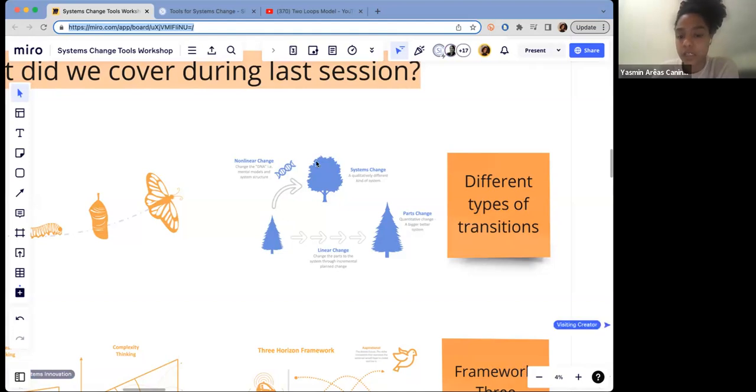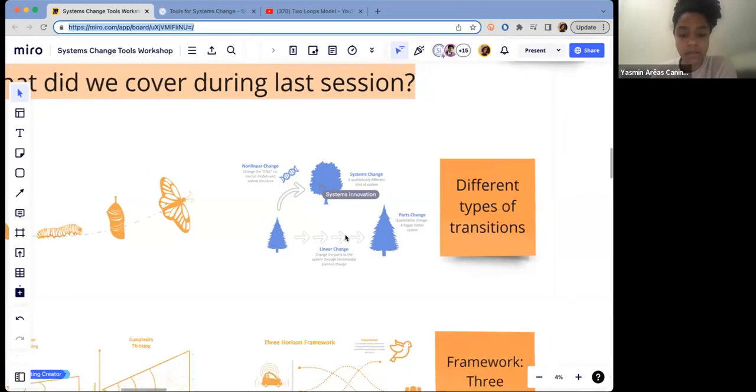So here, for example, we can see that it's a different type of tree, so it's not the same structure as the one that we can see here. And we talked about, for example, the transition from being a teenager to being an adult. These are some of the differences that we identified last week as well.